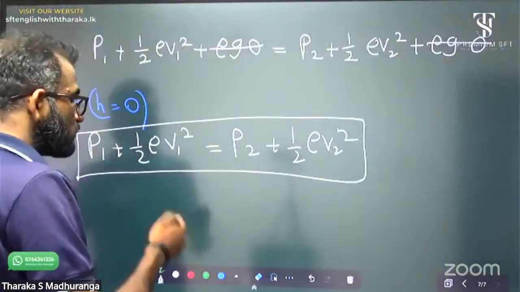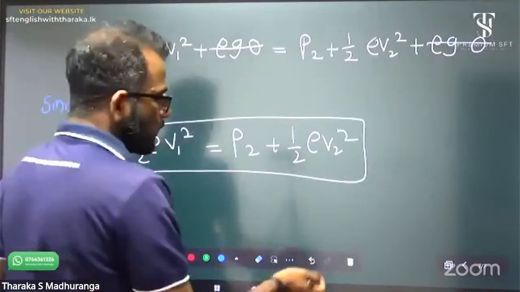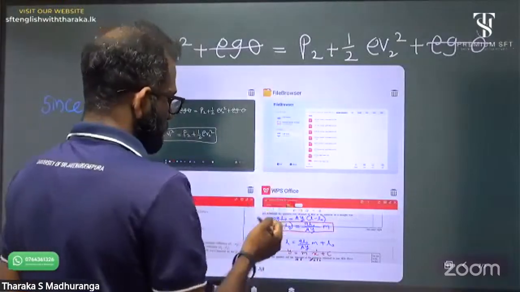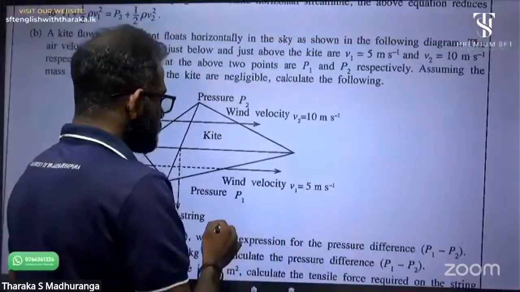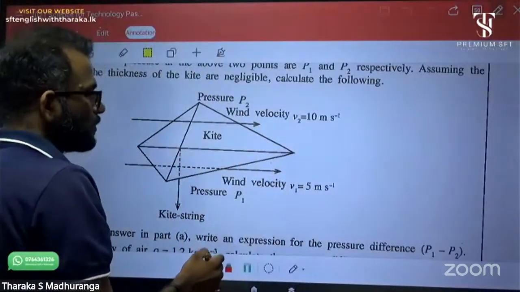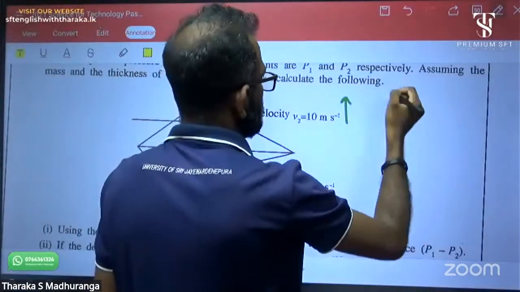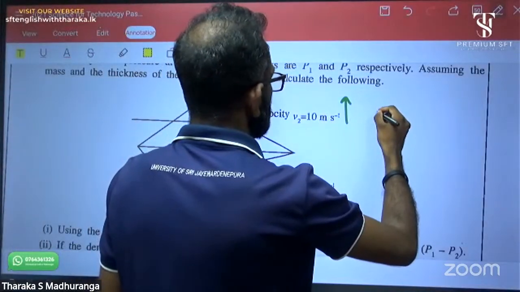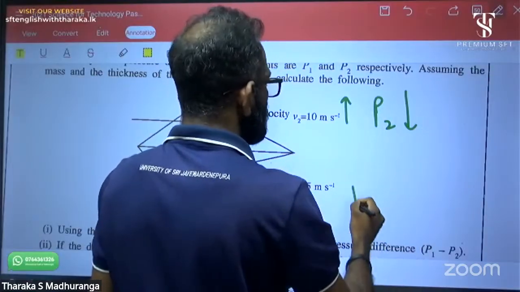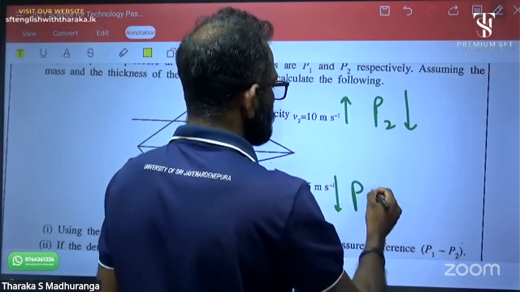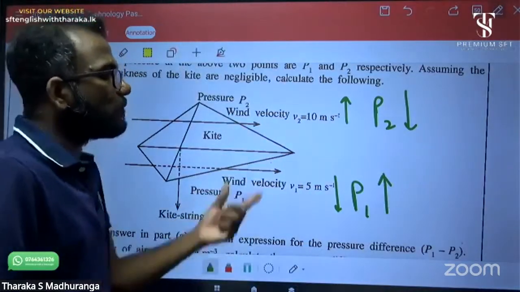This is the pressure difference. Now you have to think according to Bernoulli's theorem. When the velocity increases, what happens to the pressure? P2 is less because the velocity is greater, therefore P1 is greater. So the pressure difference means P1 minus P2.